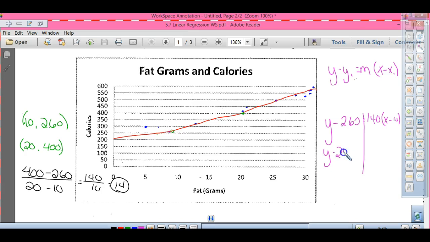So y minus 260 equals 14x minus 140. So we add 260. y equals 14x plus 120.